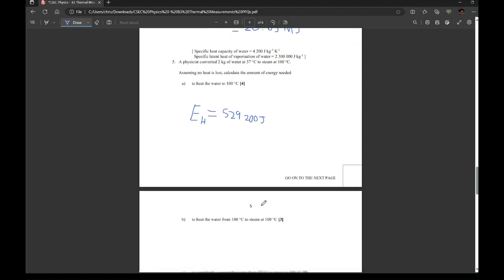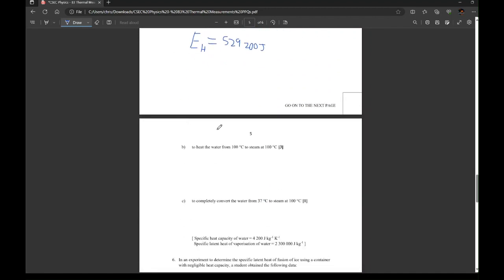Right, and then to heat the water from 100 C to steam at 100 C. So again, this is a state change. So what that's going to require is our MLV.